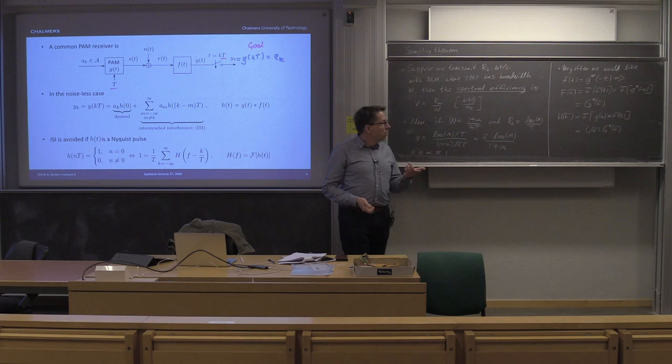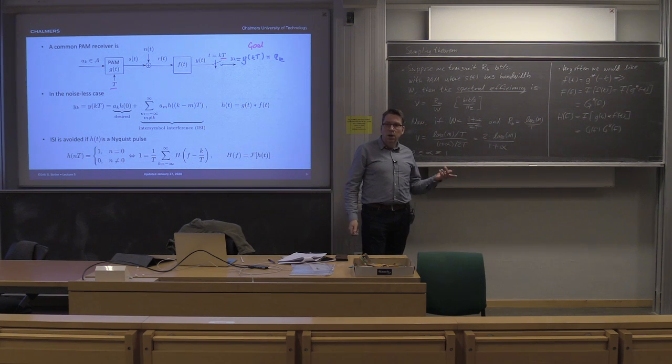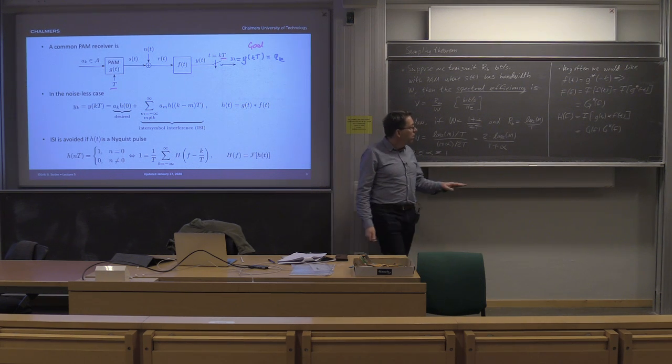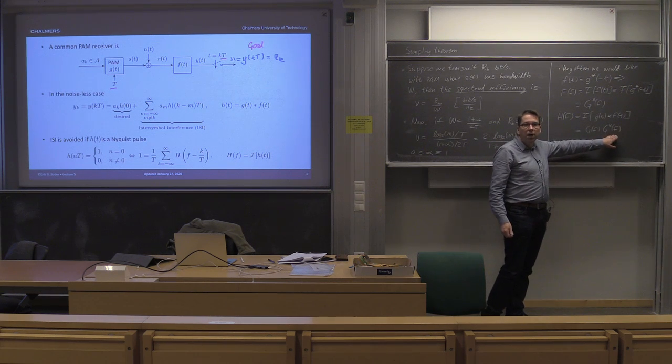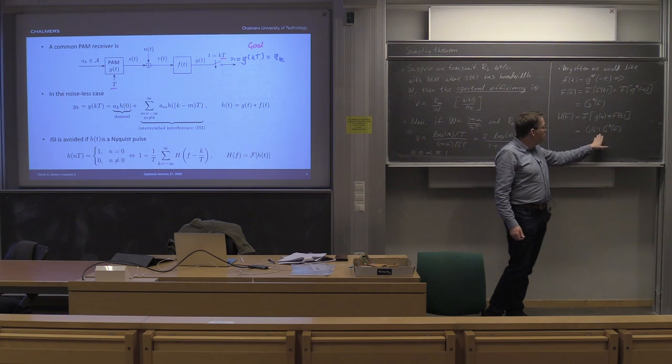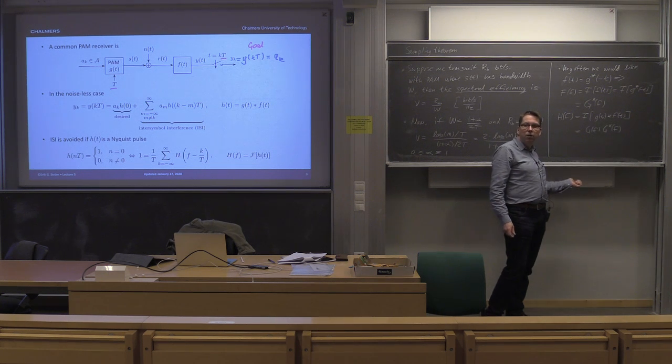Okay. Now, if we get to this step in the derivation here, we see that we have a complex function multiplied with the complex conjugate of that function. So what is the result of this product? If you take a complex number and you multiply that with its complex conjugate, you get the absolute value squared.